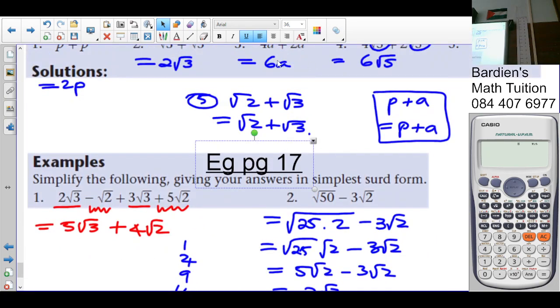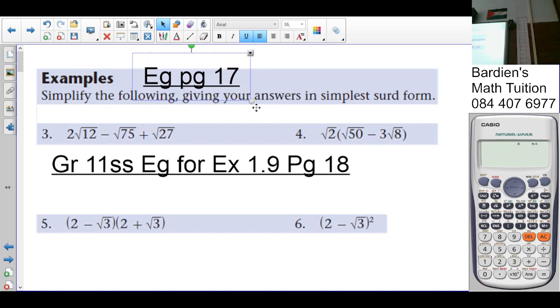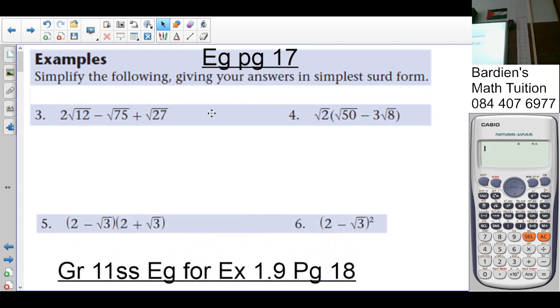We're still looking at the examples on page 17. Here we are told to simplify the following and give your answer in simplest surd form. Number 3: we have 2 root 12 minus root 75 plus the square root of 27. The largest perfect square divisible by 12 is 4.